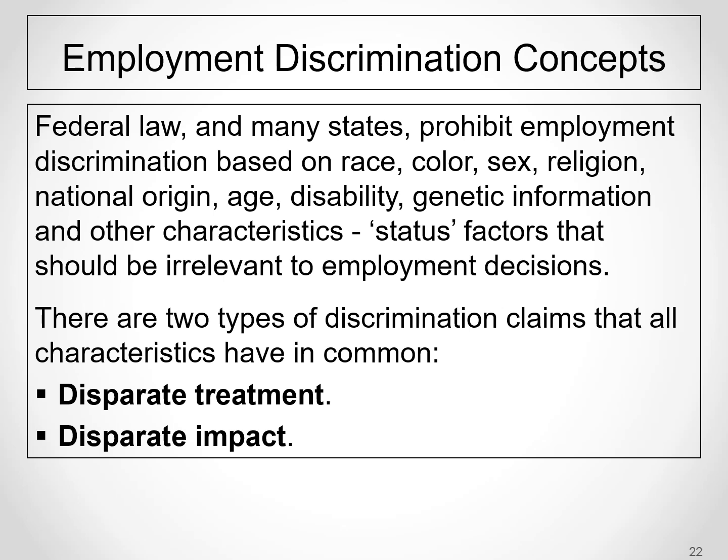So if someone is being discriminated against or having a negative employment action based on discrimination in the protected categories of race, color, sex, religion, national origin, age, disability, genetic information, and other characteristics, immutable status factors that shouldn't be relevant at all to some decision an employer is making.